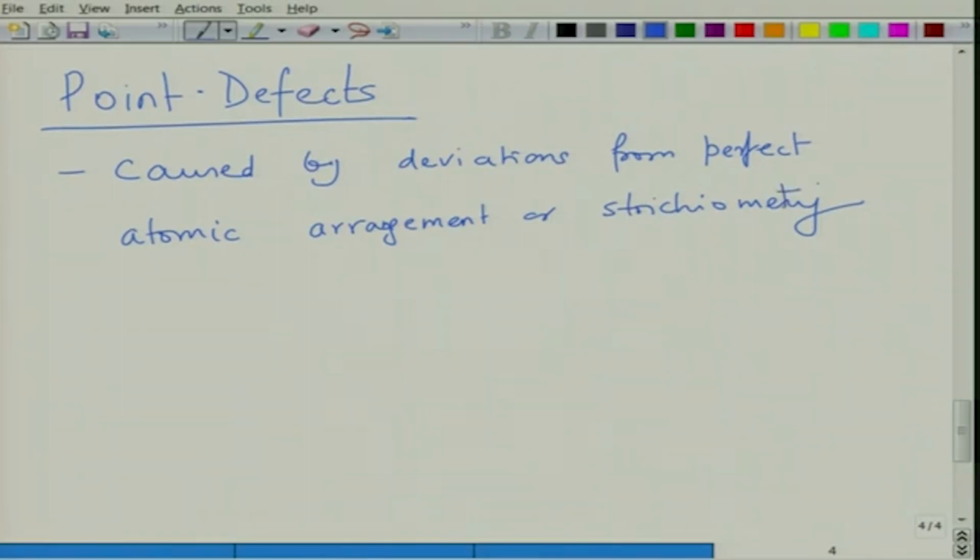These could be missing ions, interstitial ions, substitutional atoms, and the presence of extra electrons or holes, these kinds of things.